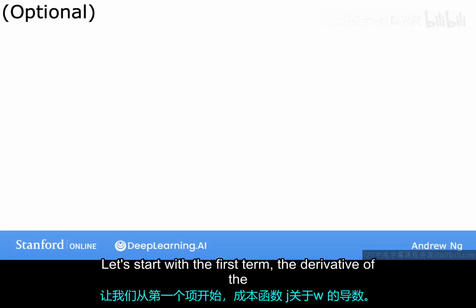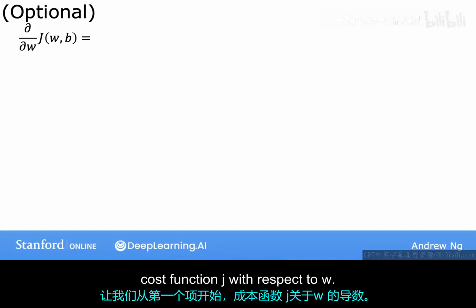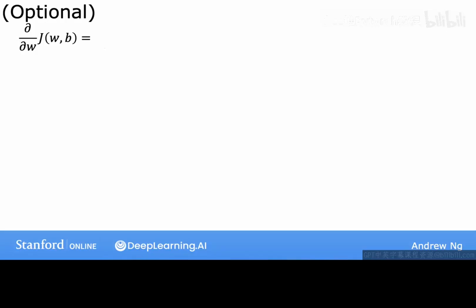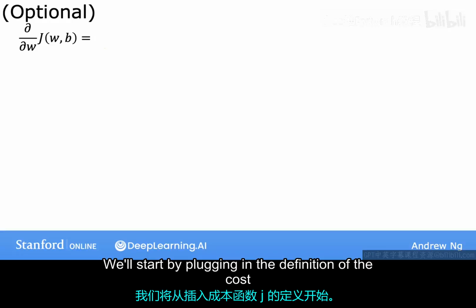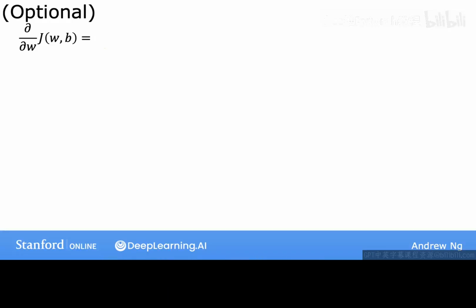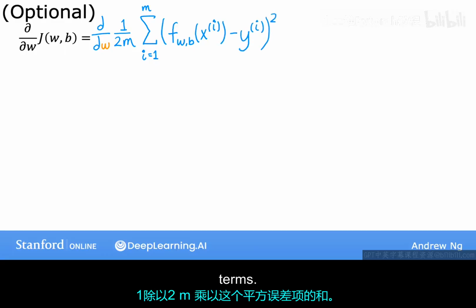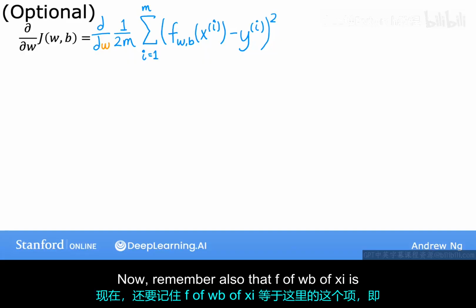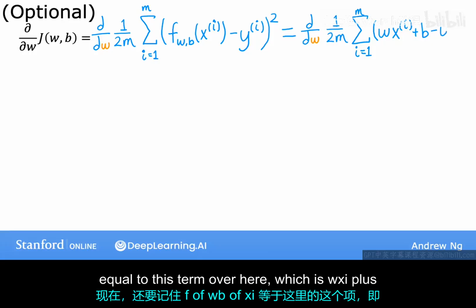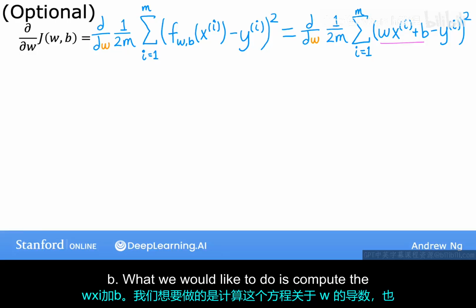Let's start with the first term, the derivative of the cost function J with respect to w. We'll start by plugging in the definition of the cost function J. So J of w, b is this: 1 over 2m times this sum of the squared error terms. And now remember also that f of w, b of x_i is equal to this term over here, which is w x_i plus b.